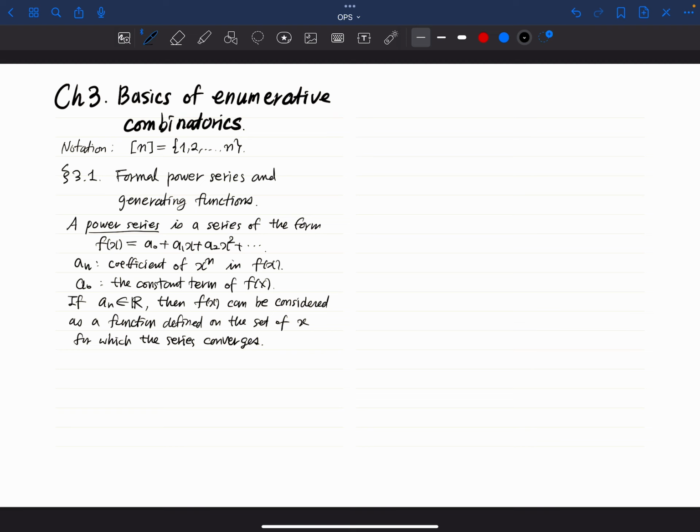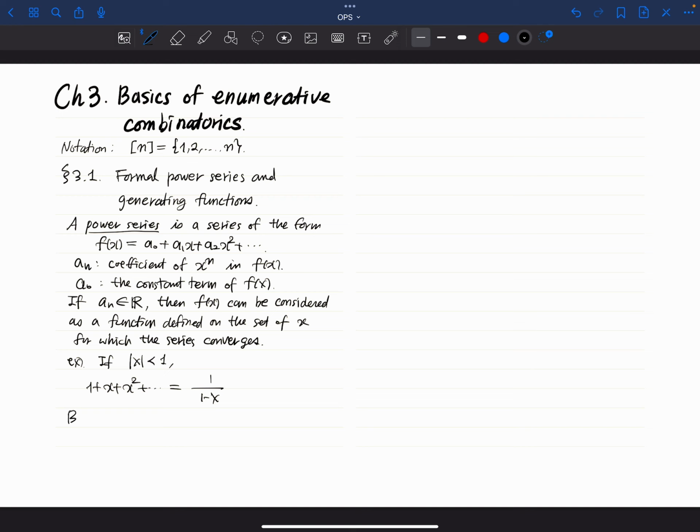So for example, if the absolute value of x is less than 1, then we can write 1 plus x plus x squared and so on like that is 1 over 1 minus x, called a geometric series. And this is a valid identity for all real numbers x whose absolute value is less than 1. This converges, and if you compute this, it is equal to 1 over 1 minus x.